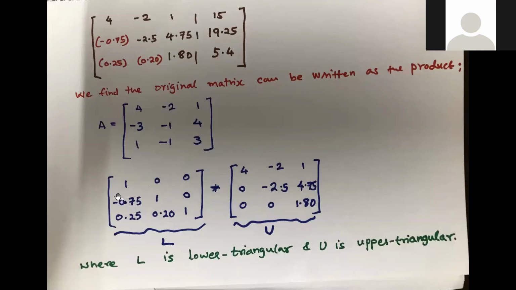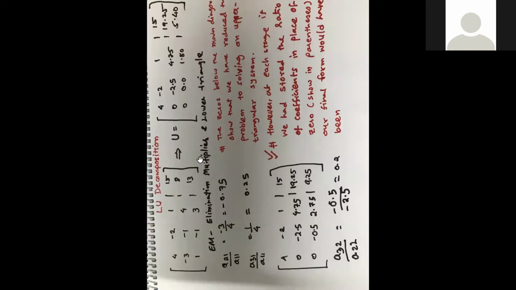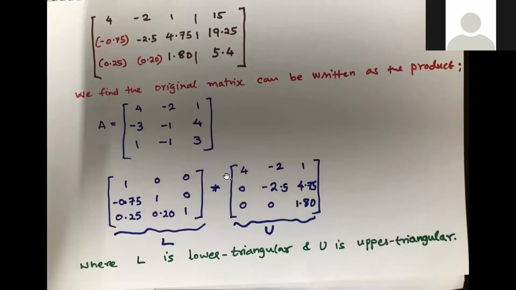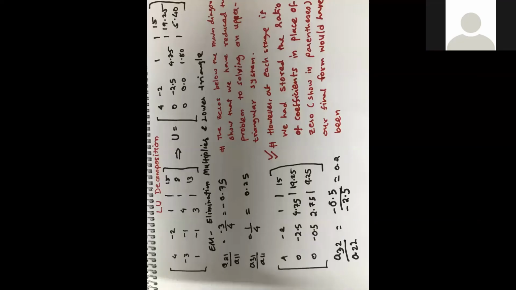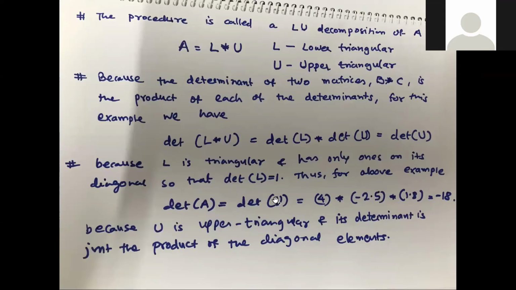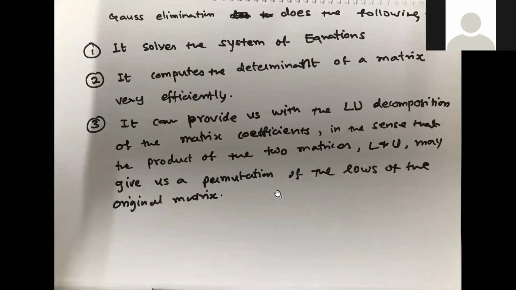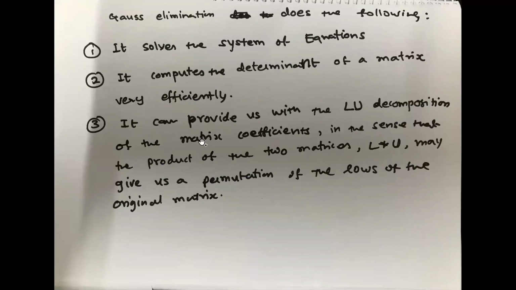We are able to get the lower triangle just by writing the elimination multipliers, and the upper triangle can be obtained in 3 steps. There is no major operation required. So lower upper decomposition has a lot of significance in writing computer algorithms. These are the benefits of the Gauss elimination method. It can provide us with the LU decomposition of the coefficient matrix, in the sense that the product of the two matrices LU may give us a permutation of the rows of the original matrix.